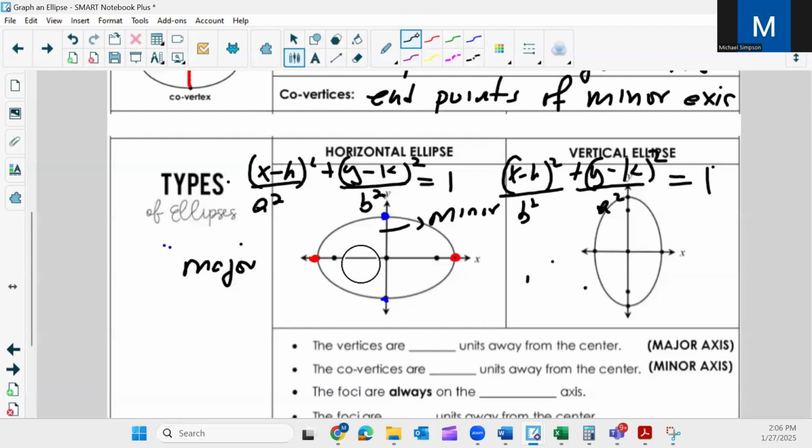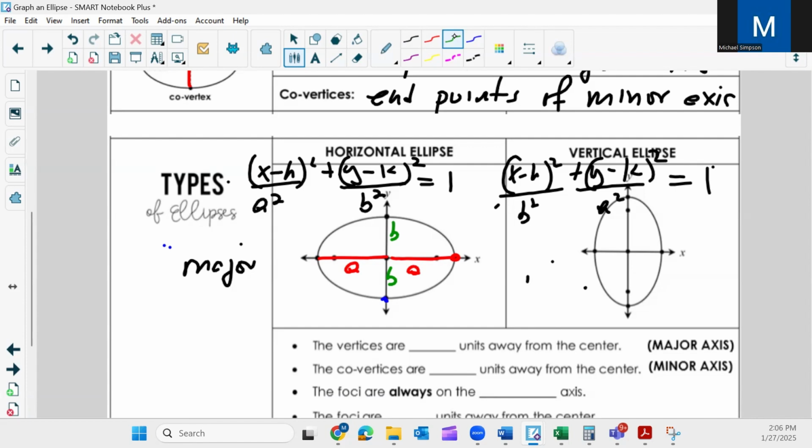Now, the length of the major axis, you get it here. The length is a. And then on the minor side, this length is b. So its total length is 2a, and the total length of the minor axis is 2b.